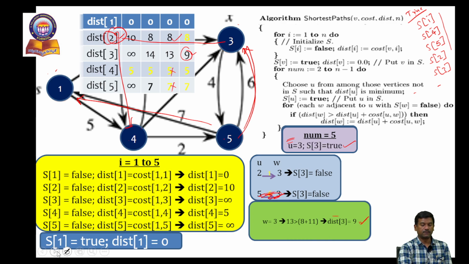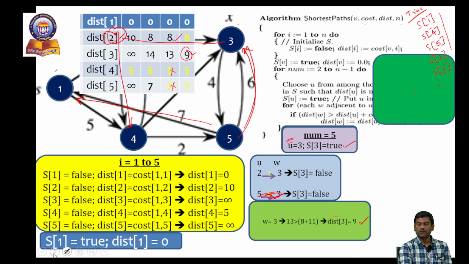That is, you have made S of 3 equal to true, and similarly, so far all the vertices, that is 1, 2, 3, 4, 5, are explored. Within your solution set, you have started from the source vertex, that is 1, and similarly you have taken the next edge with the minimum cost, that is 1 comma 4, and in the next scenario we have taken S of 5 equal to true, so 1 4 5.